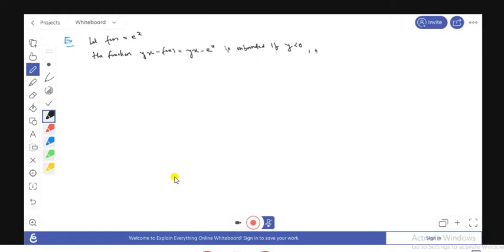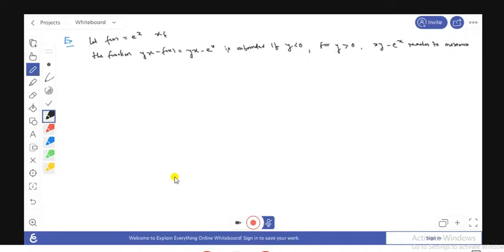Okay, this means this is unbounded below if y is less than 0. If we take y greater than 0, this xy minus e to the power x reaches the maximum.